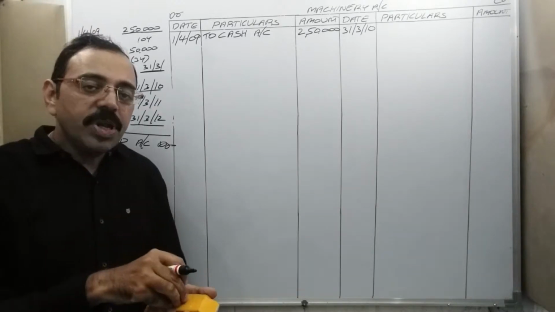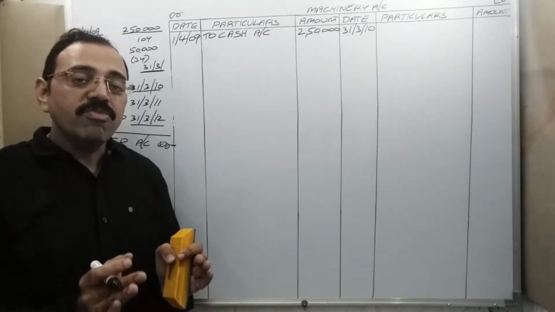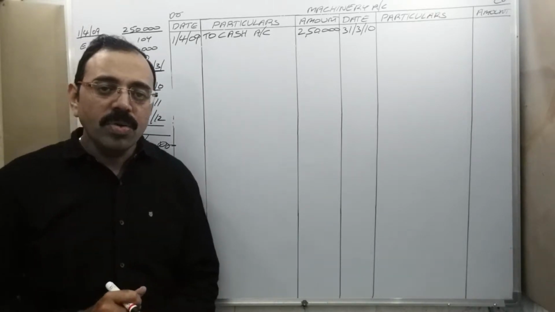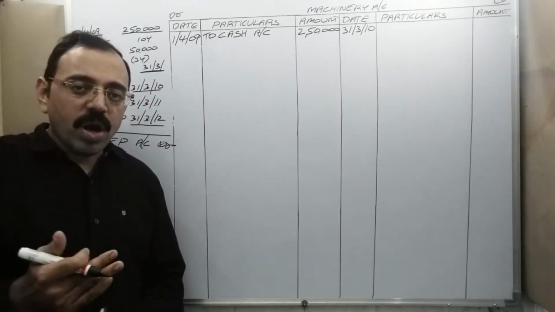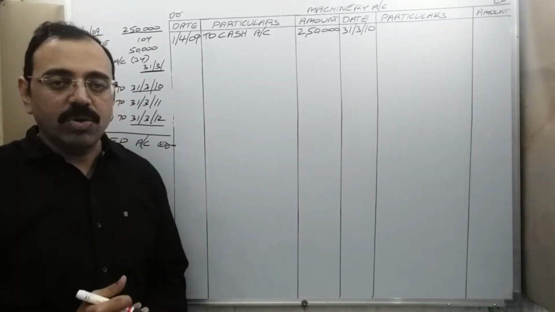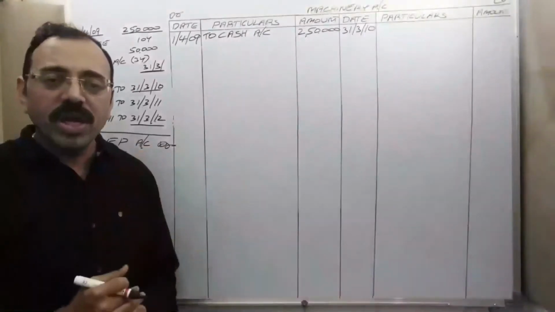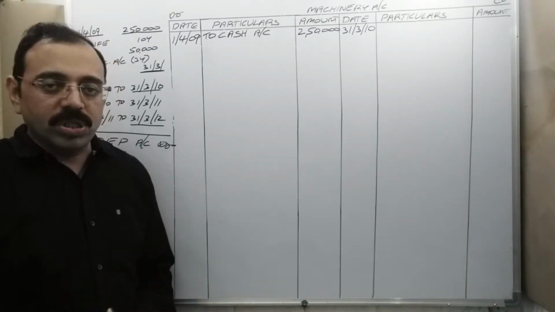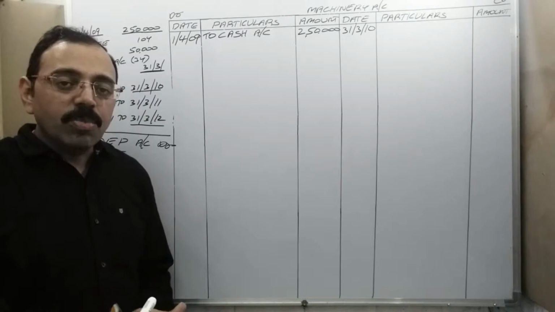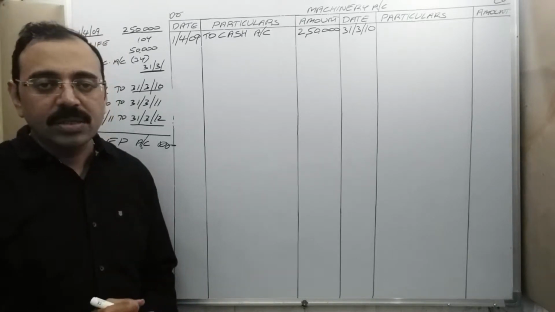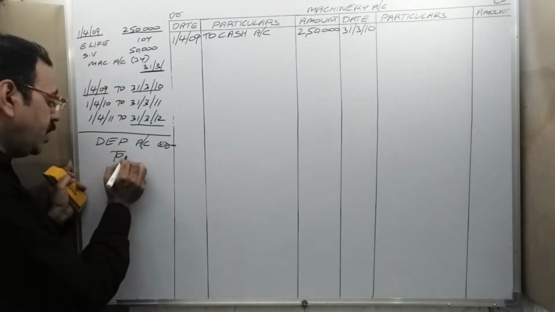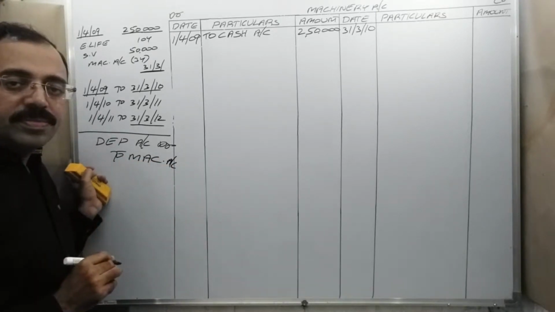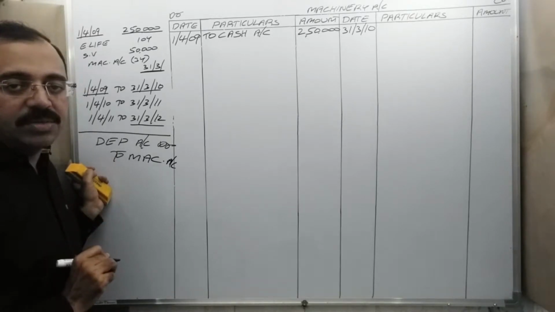We are providing depreciation on machinery. That much of the machinery value is reduced. So machinery comes under real account now. The real account rule is debit what comes in, credit what goes out. Physically machinery is not going anywhere. It is with us only. But since the value is reduced, it gives the meaning that that much of the machine is going from us. Therefore, on the credit side we should write machinery account. This is the entry for depreciation.